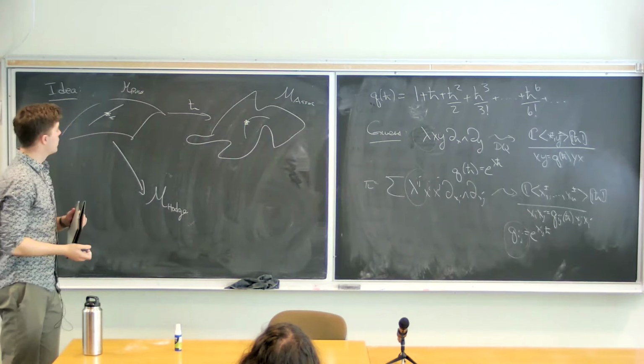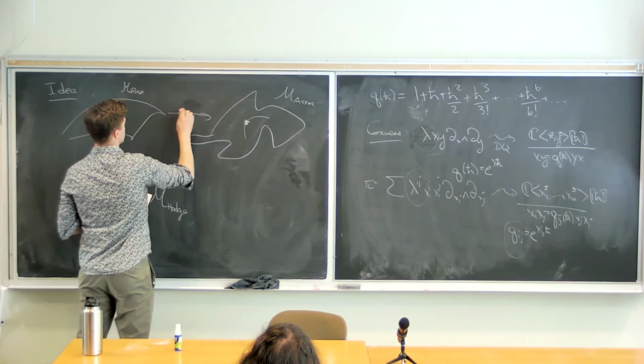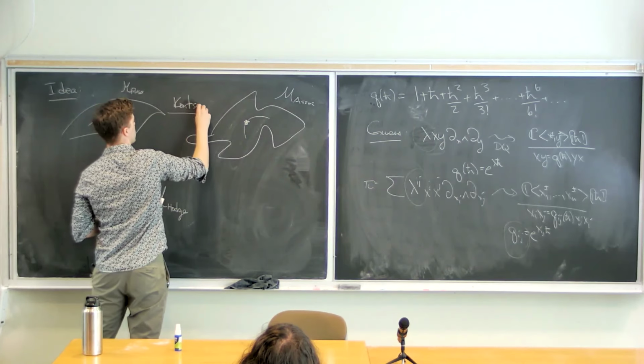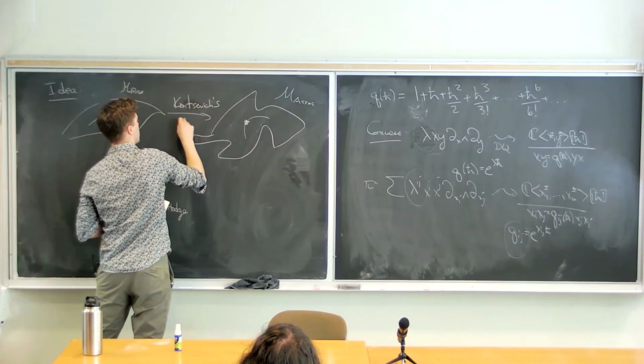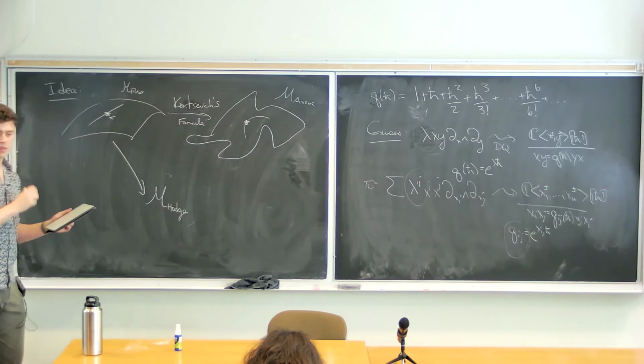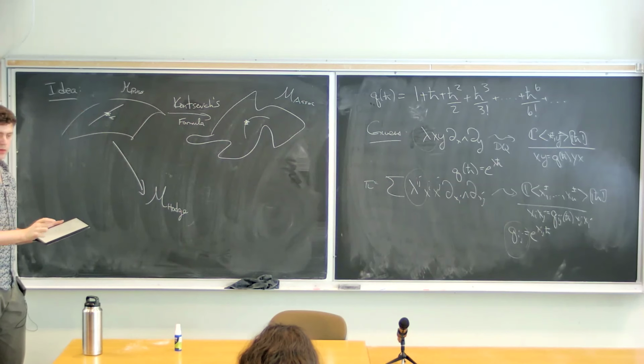Oh, sorry, I just wrote an h bar. Let me write Kontsevich. So that formula I wrote down before is taking a Poisson structure, or any formal Poisson structure on your space, and producing for you an associative algebra from that.